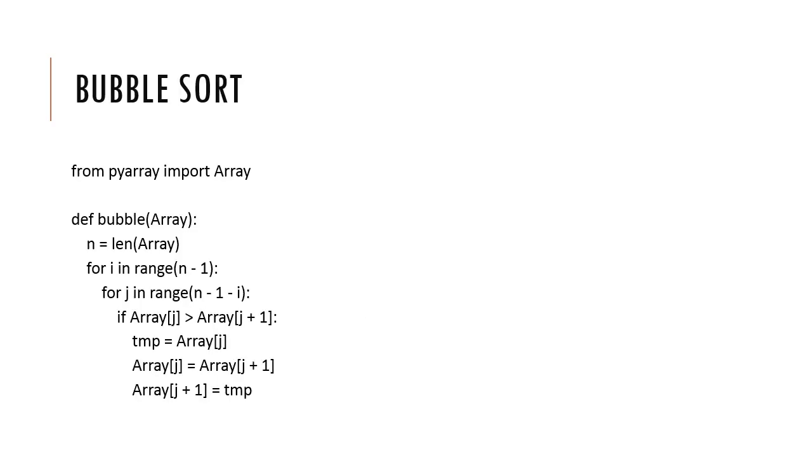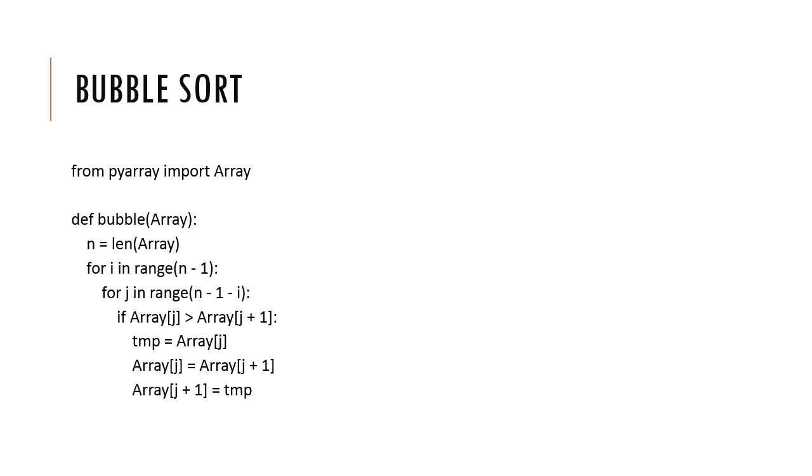Let us look at the bubble sort algorithm. Notice that I have imported the array class for this algorithm. The bubble sort algorithm takes the array that we want to sort and finds the length of the array, assigns this value to n.